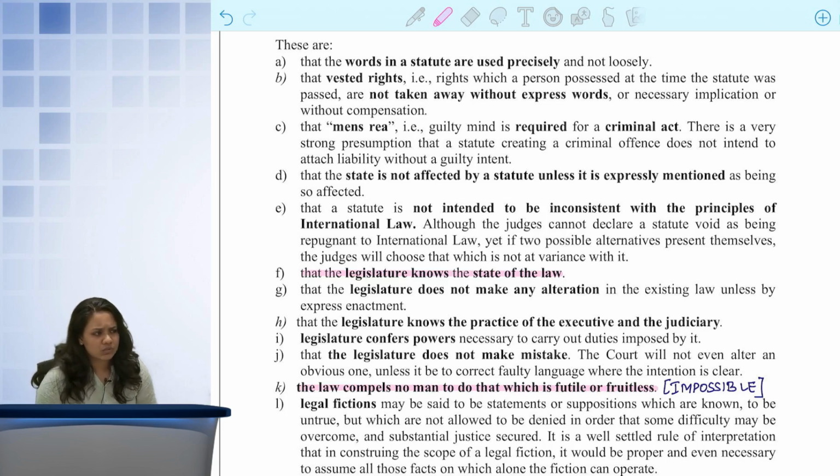So does that mean that the legislature has no knowledge of the law? We always have to presume otherwise. We always have to presume that the legislature knows the law and knows exactly what they are implementing as law, and that the legislature does not make any alteration in the existing law unless by express enactment.